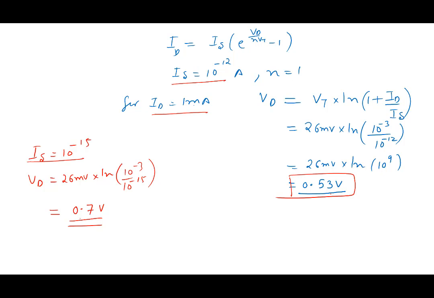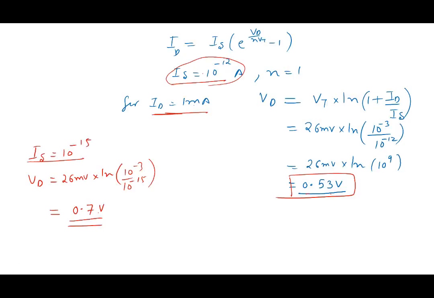In some other case, if I make IS even smaller, I get even 0.75. So it all depends on the value of IS. For the same current, I will require different voltages.